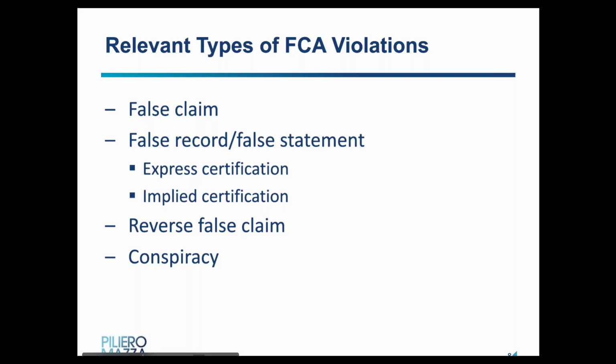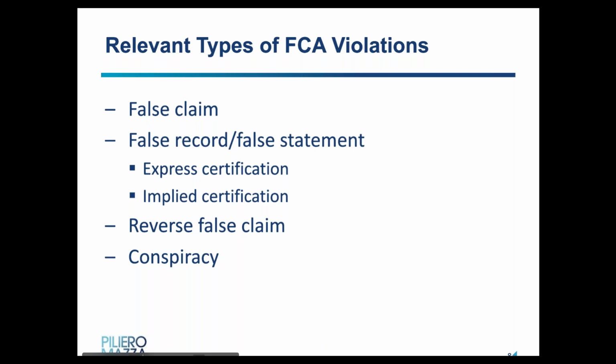And that misrepresentation could be either an express certification or implied certification. Express if it appears in the terms of your contract. Implied if it's an obligation that is simply implied by the fact that you're doing business with the government or by the type of work that you're doing for the government.